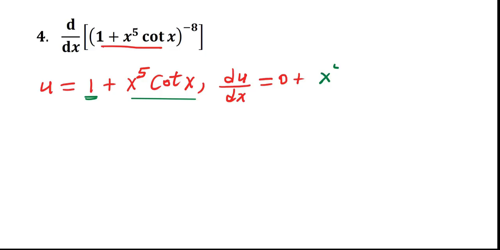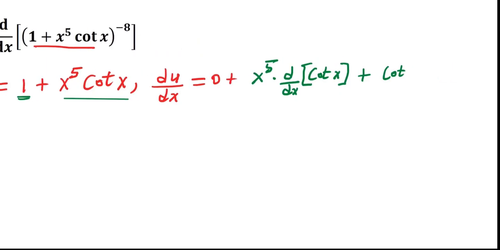So to do that, we need to write it like this: x to the 5th power times the derivative of cot x plus, you keep cot x times the derivative of x to the 5th power.